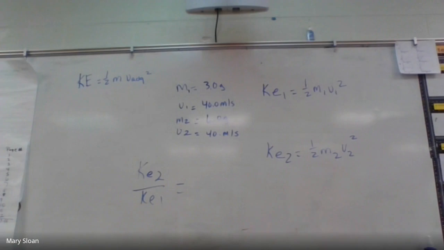What you got? The ratio of 2. What'd you get? Where'd you get 1,400 from? Because you squared each equation. No, just leave this squared.